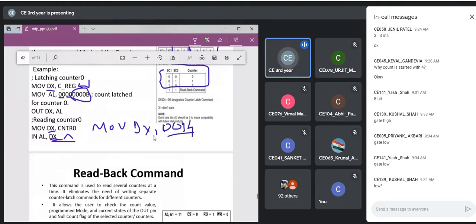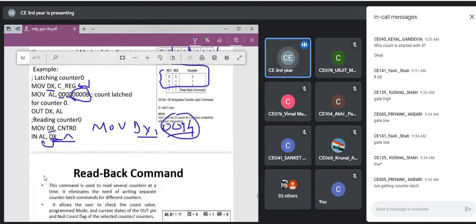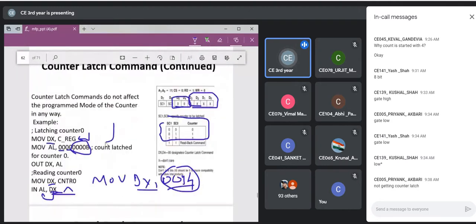So this value is stored in DX, and if you now read that counter 0 address, it will provide you the latched value of the count. So now it is not problematic. Why? Because we have already instructed using the control word to latch this value.